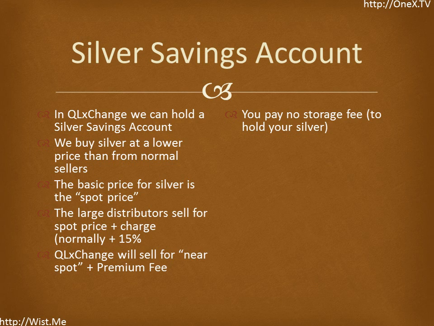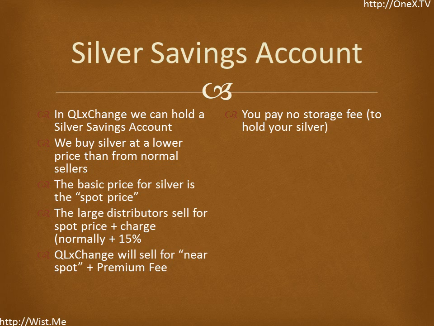Now, QLxChange will sell its silver for a price near spot, which means that they will not put 15% on the silver. They will put maybe 1, 2, 3, 4, 5, I don't know, I have no clue, but they will put a very low percentage on the spot price plus a small fee.